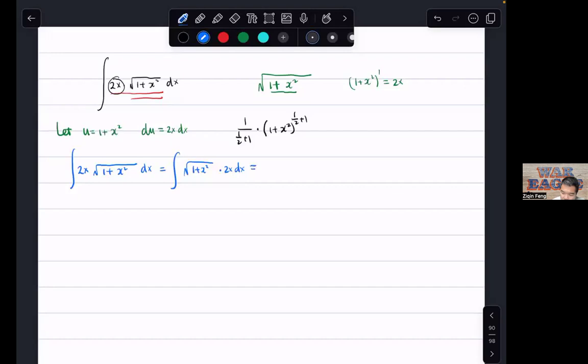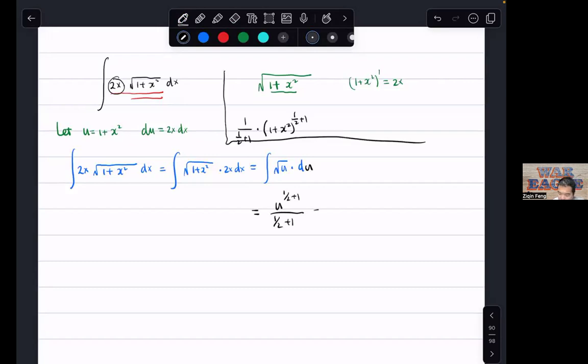We change it to one of our standard elementary functions, right? There should be u here, right? Then this is u to 1/2. We know the integration of power function is u to 1/2 plus 1 over 1/2 plus 1, right?